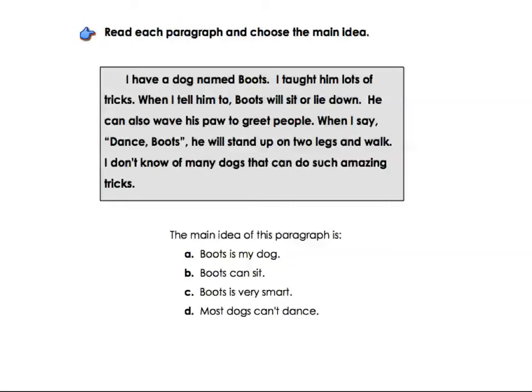So the directions say, read each paragraph and choose the main idea. So we are not looking for the supporting details. This time, we're looking just for the main idea, what the author's main point was. So go ahead and pause your recording and read this paragraph to yourself now, and then press play again.